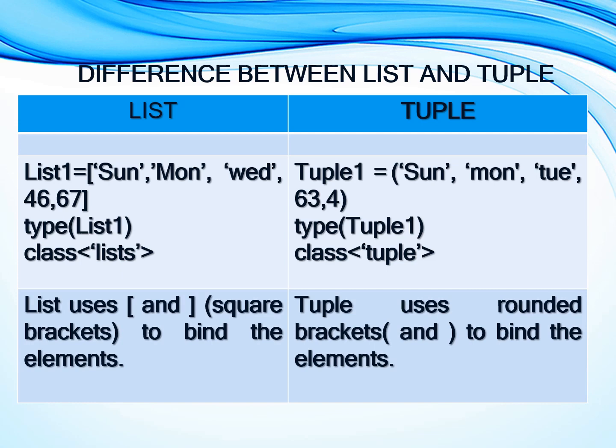In the given example, list1 is the user-defined name given to the list, and we have a series of elements inside square brackets. On the other side, tuple1 is the user-defined name given to the tuple, and we have a series of values inside rounded brackets. When we check their types, the corresponding types, class list and class tuple, will be printed.